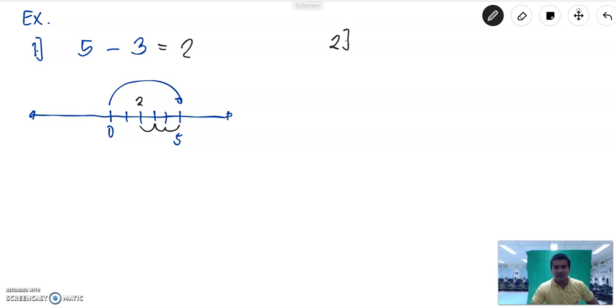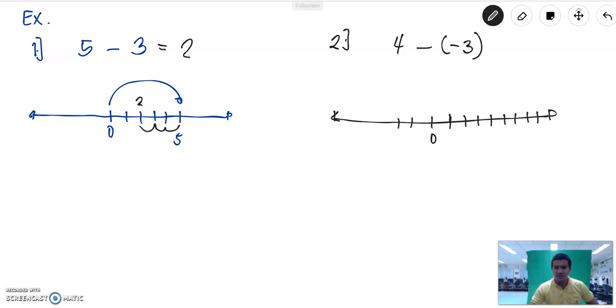So therefore we get 5 minus 3 is 2. Another, let's say we will have 4 minus negative 3. Okay. So we have the 0. 1, 2, 3, 4, 5, 6, 7, 8. So as we observe, we have a negative and a negative sign here.